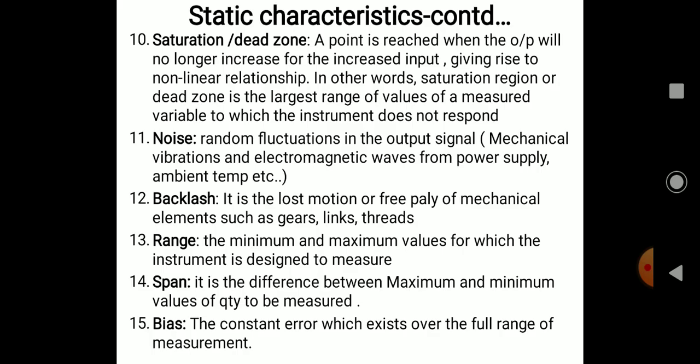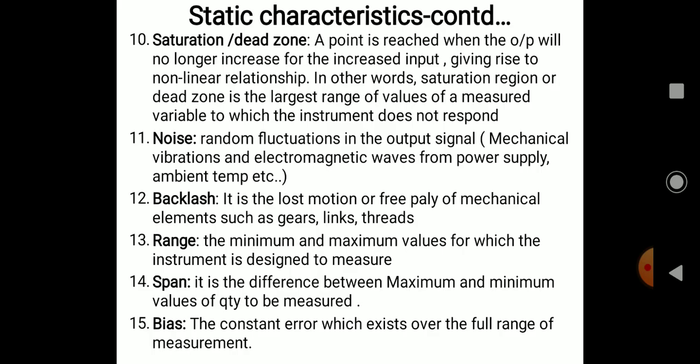Backlash. It is the lost motion or free play of mechanical elements such as gears, links, threads, etc. That means when gears are engaged exactly, the teeth of one gear are inserting exactly between the teeth of the other, mating there. Suppose there is any wear: one gear will rotate, but the other gear will not rotate, because it is worn out and for a part of the rotation it will not make any contact.